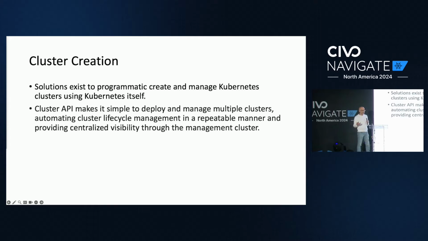There are a variety of tools available today. Cluster API is one of those. Cluster API is just a set of custom resource definitions and a set of Kubernetes controllers. You express what your cluster is supposed to look like, how many control plane nodes, how many worker nodes, the version, and it creates a cluster for you.